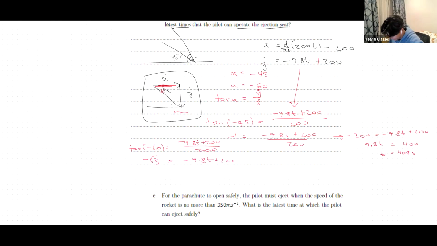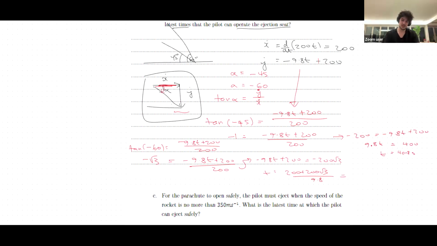Okay, and then solve for t. Let me know what you got. 55.76.